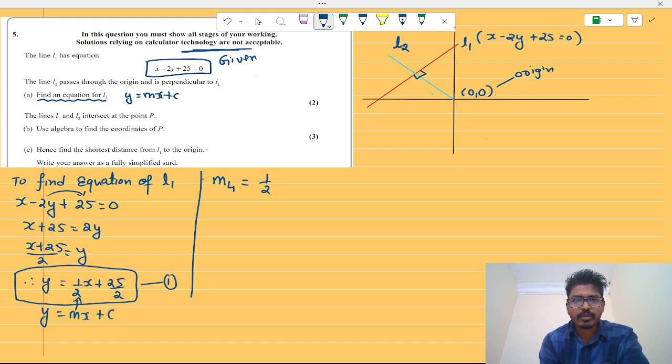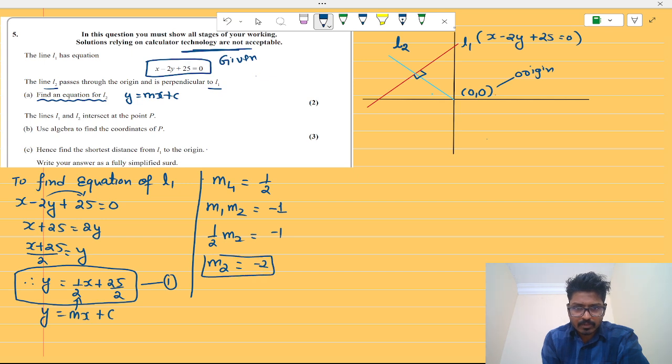We know that whenever two lines are perpendicular to each other, m1 m2 is equal to -1. So m1 is half, and m2 is equal to -2. We got the gradient of line 2.